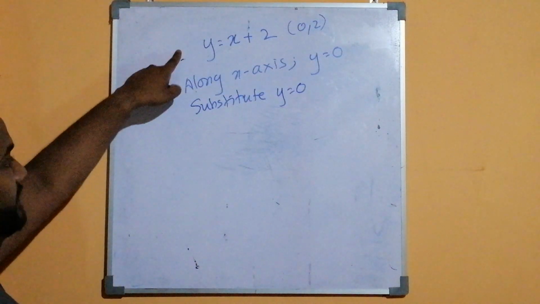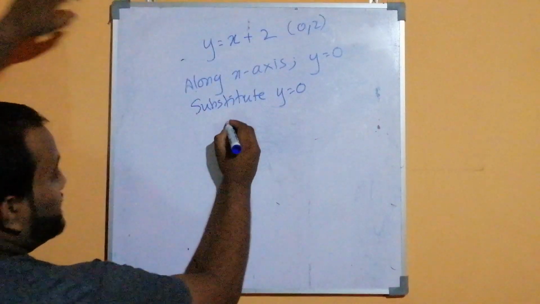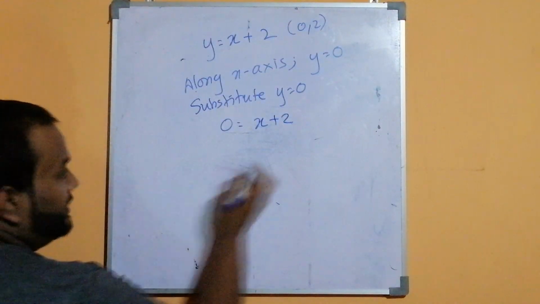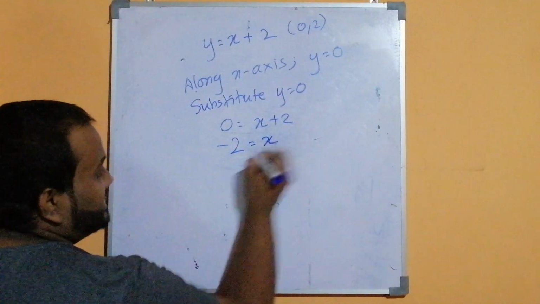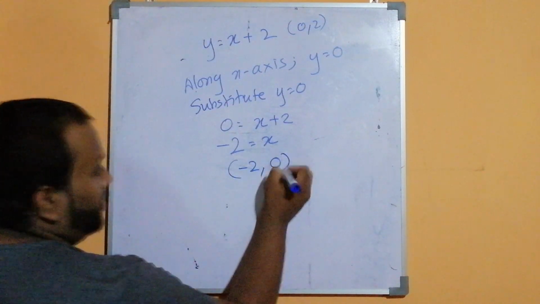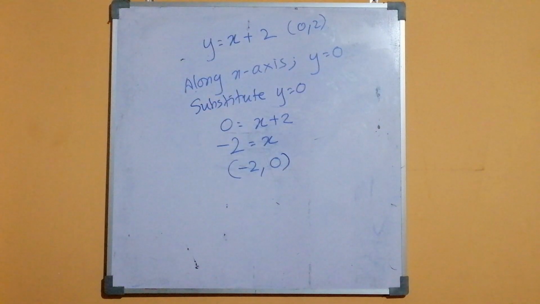Instead of y, we substitute 0. 0 equals x plus 2. Take 2 to the other side. Minus 2 equals x. Therefore, the coordinate is minus 2, 0.